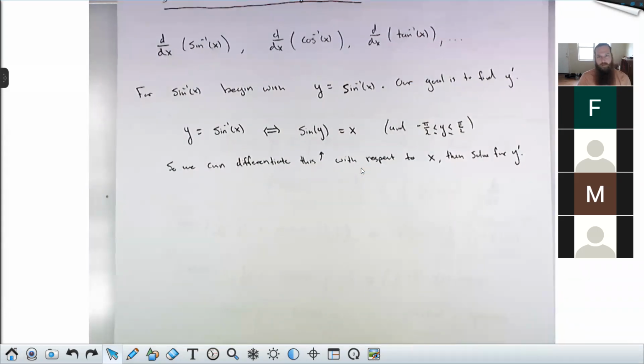Does that make sense? If y is the inverse sine of x, then the sine of y is equal to x. That's the definition of the inverse sine function. So this means the same thing as this. If we differentiate through this and then solve for y prime, that will give us the derivative of the inverse sine function.